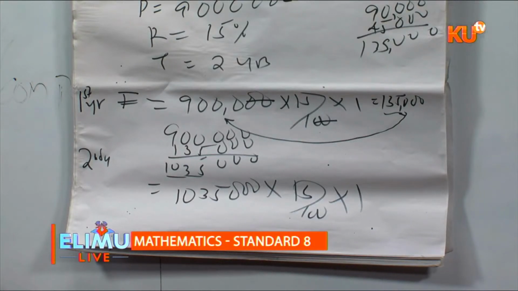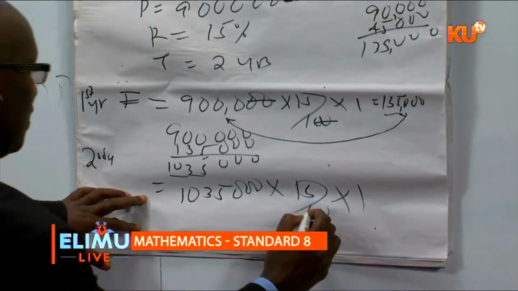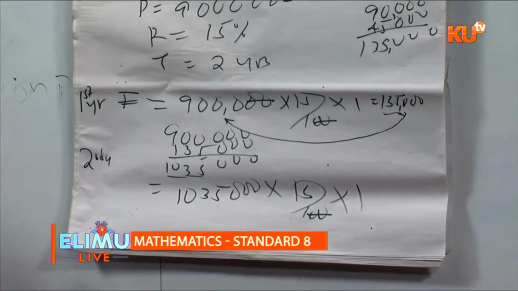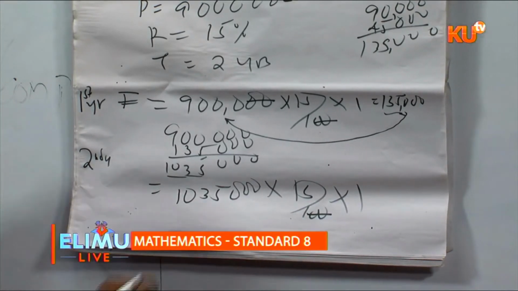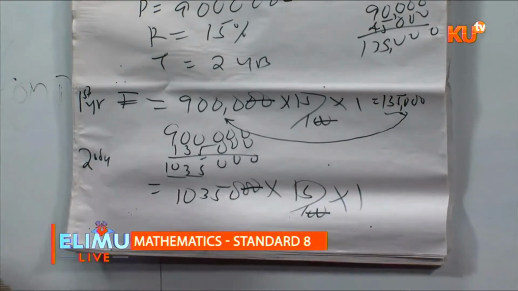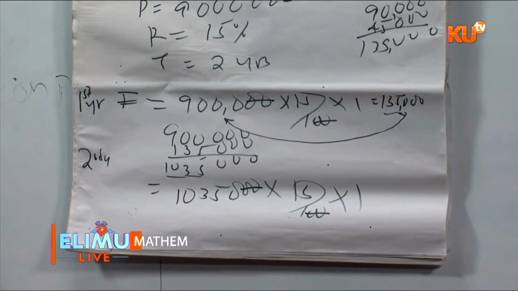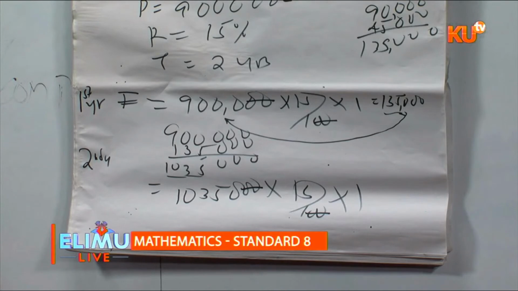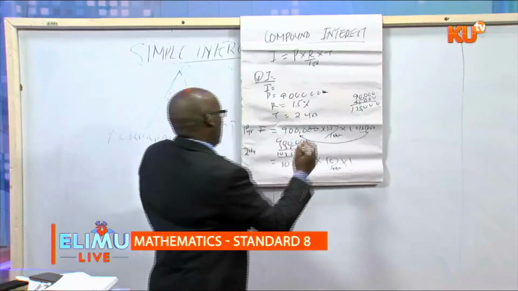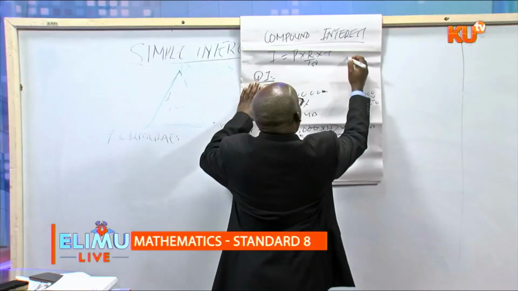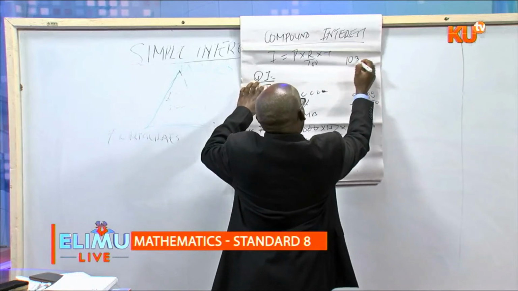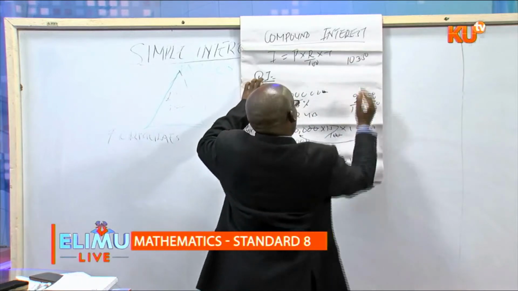Now divide by 100, get 1; divide by 100, get 10,350. We can do it the long way. 10,350 multiplied by 15.